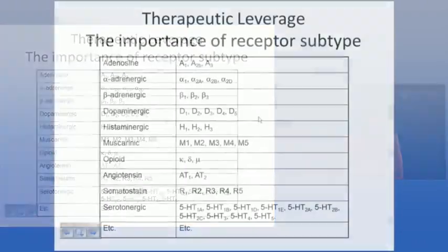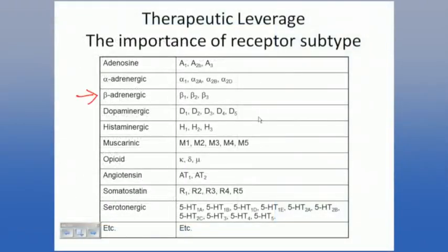So let's look here for an example. We've given you a couple of examples of beta receptors. So beta receptors are G-protein coupled receptors. They mediate the response to adrenaline and noradrenaline, as I said previously, also called epinephrine and norepinephrine. There are 3 subtypes of these receptors that have relevance to human pharmacology.